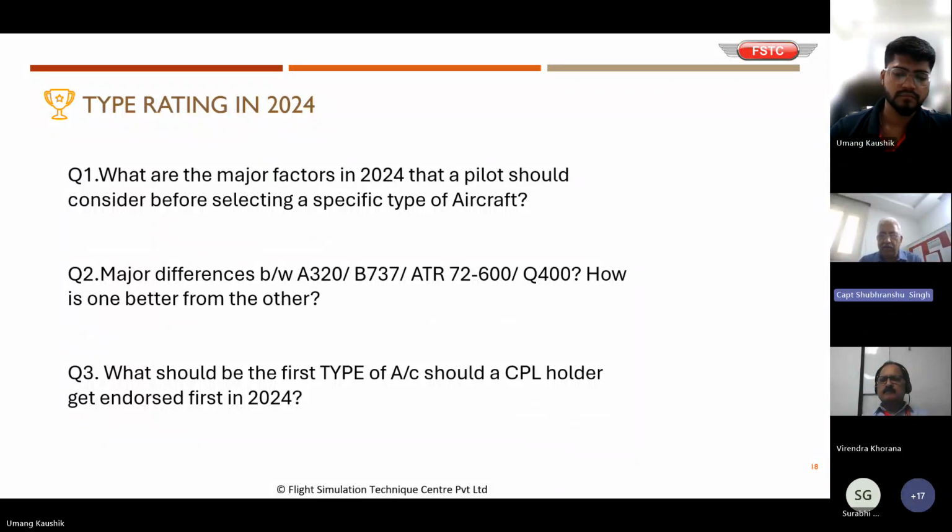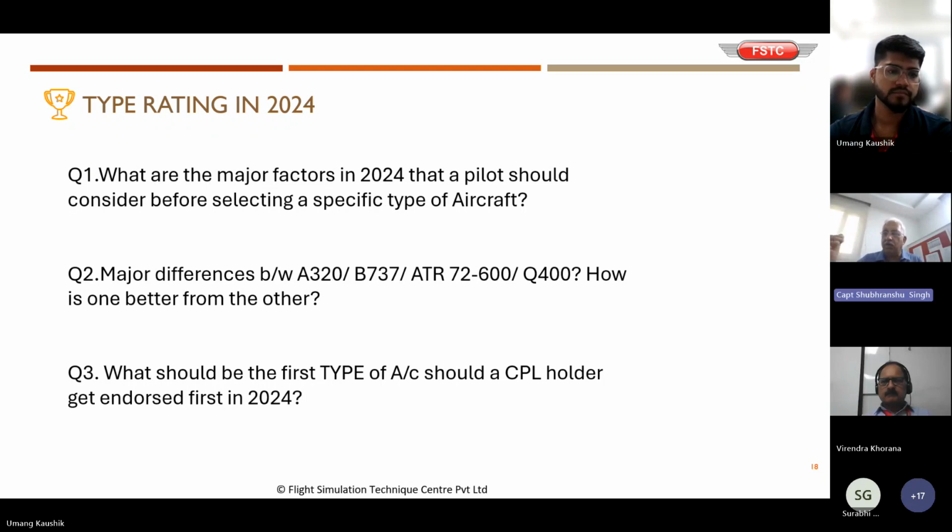Now what happens is, in the ground class, because there is a restriction of training quantity which Indigo or Air India can do, they start a batch of the first 10, then 10 to 20, then 20 to 30. The first 10 will come online in 6 months. The last 10 will come online after 1.5 years. So you are already 1.5 years behind your batchmate.